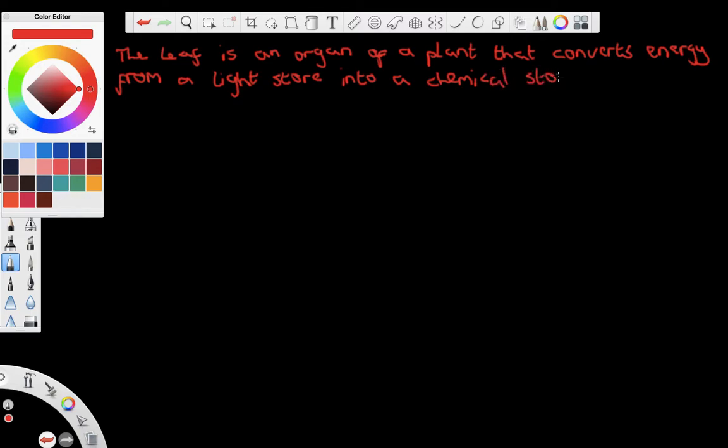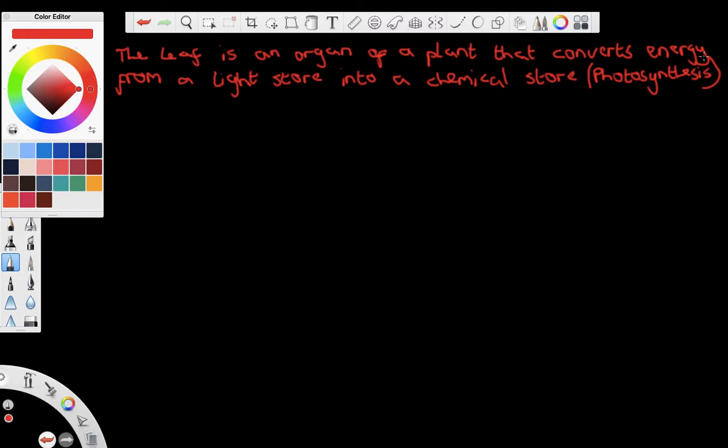So essentially, the leaf converts light energy into chemical energy in a process known as photosynthesis, which you will do a whole topic on next year. Photosynthesis. Okay?